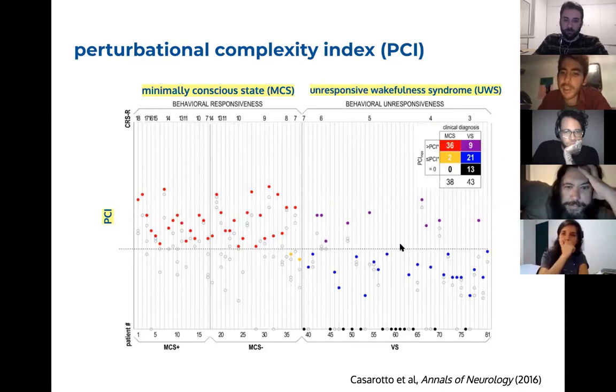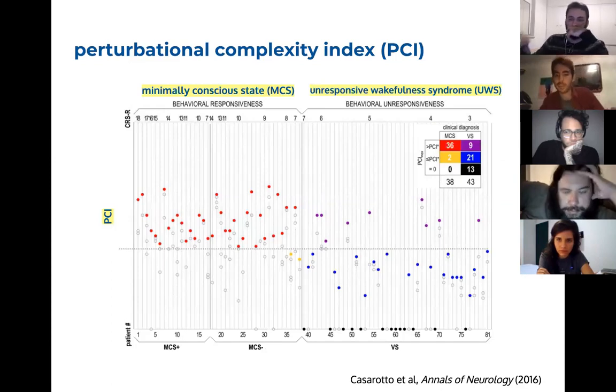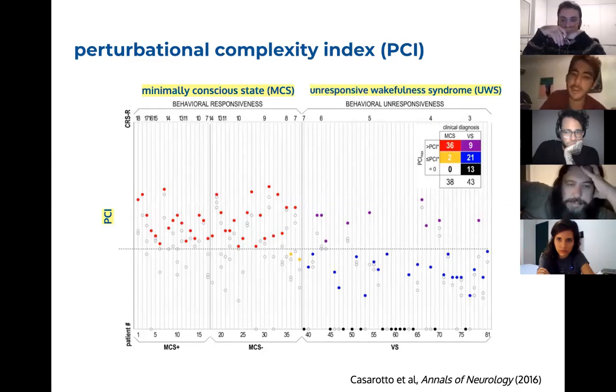Otherwise, in vegetative states, where you don't know, most patients were below, but you got these high PCI cases in which you just presume the person is unconscious, but it had a complexity that's compatible with consciousness. And this is actually correlated with the outcome of the patient.